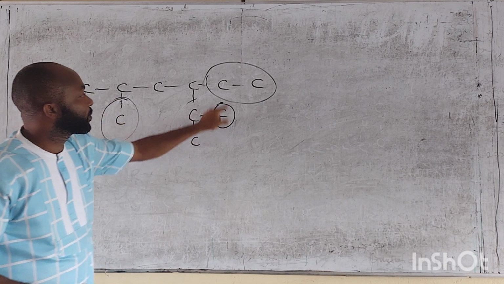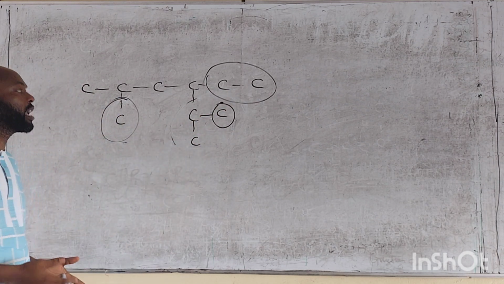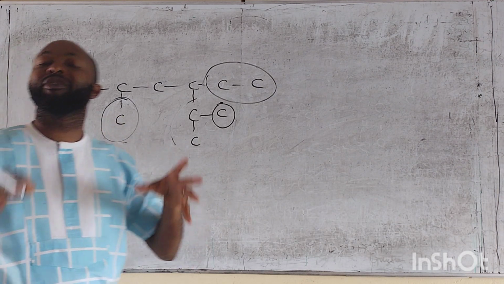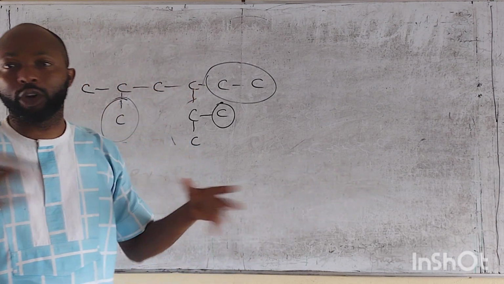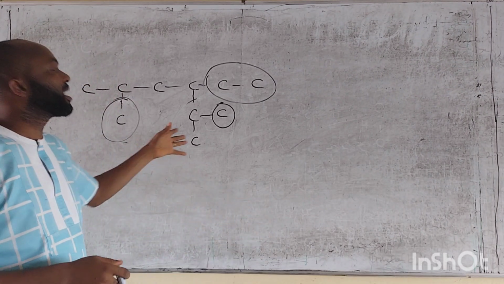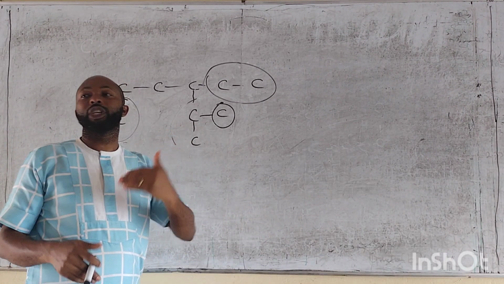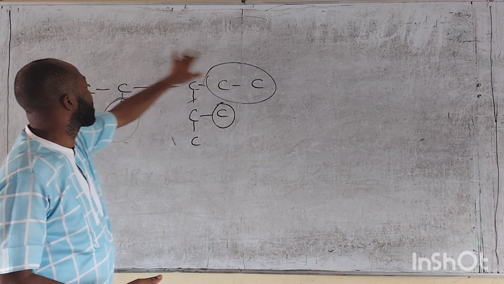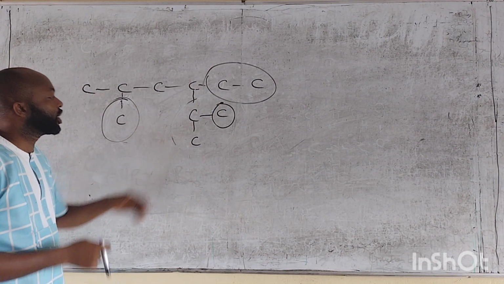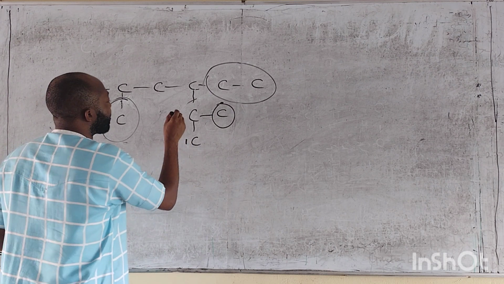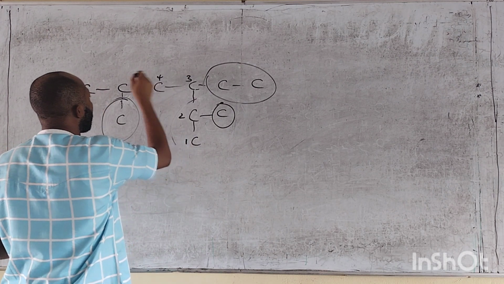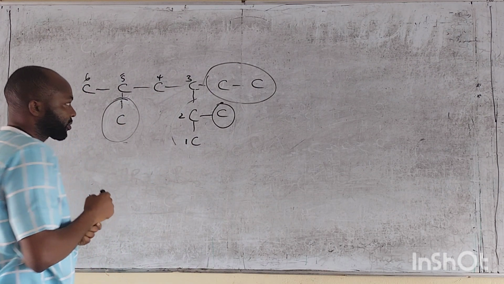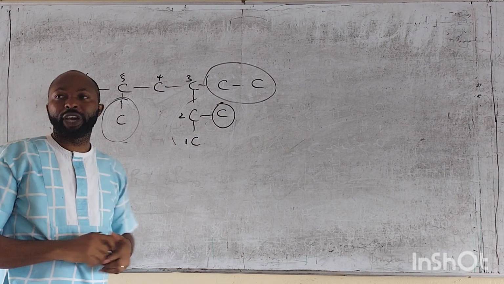This one is 3. So officially they say when you come from both sides and you have the same 6 in both, or 7 or whatever it is, you should now consider the parent chain with the highest number of what? Substituent. And this one definitely becomes my parent chain. So this becomes my 1, my 2, my 3, my 4, my 5, my 6. This becomes my parent chain.